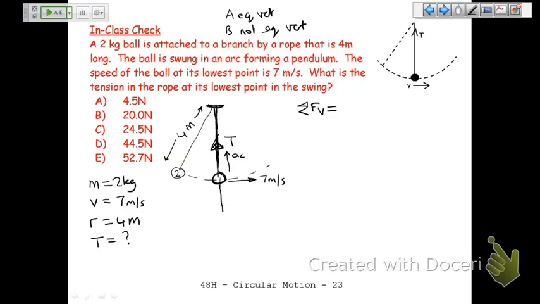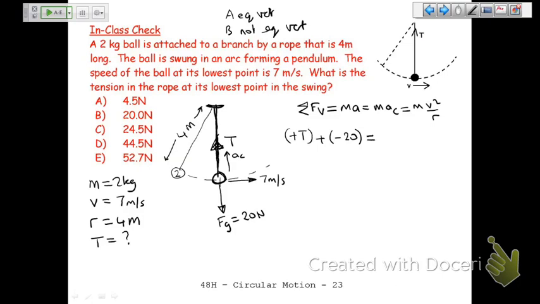Now, I've not got all my forces down. Of course, I have Fg, which equals 20 newtons. So now I focus on this bit. And I say the sum of the forces vertically equals ma, because there is an acceleration. And it's mac, because there's a centripetal acceleration, which equals mv squared over r. And then I look at my diagram. And I say plus T added to minus 20. The weight is negative, the tension is upwards, the way I've drawn it.